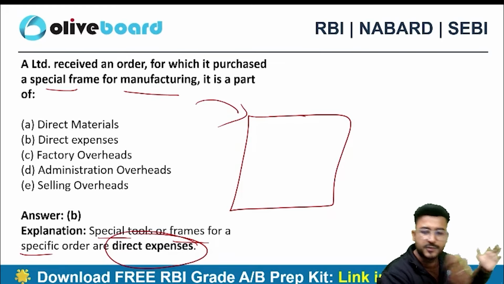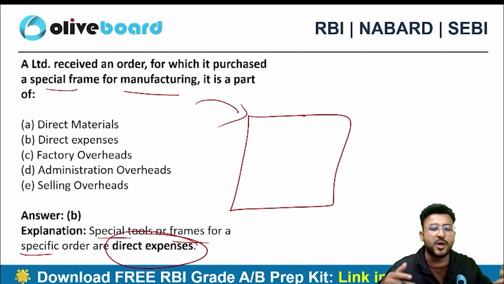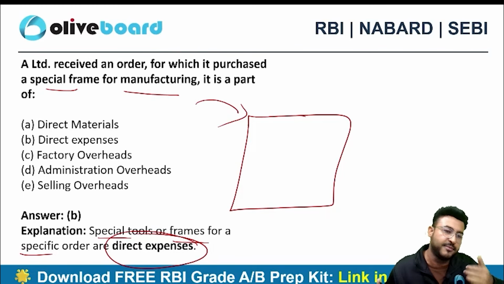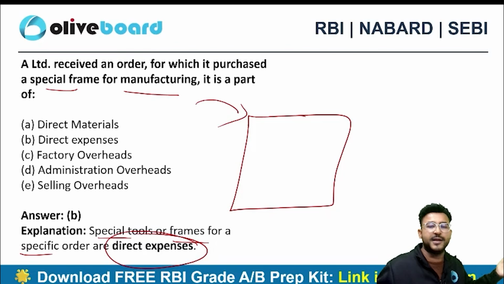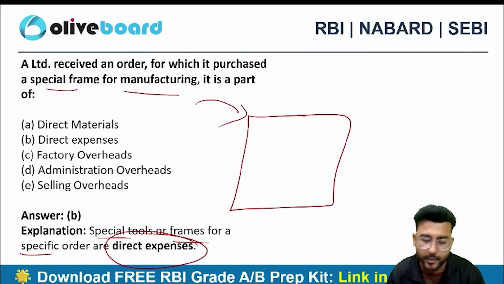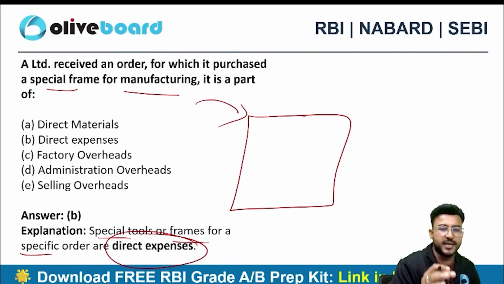I can't use this frame anywhere else, right? So it doesn't work for me if I classify this frame as a factory overhead. Why? Because it won't be a shared cost over different products. It won't become an indirect cost, but I need to use it for the manufacturing of a particular product.